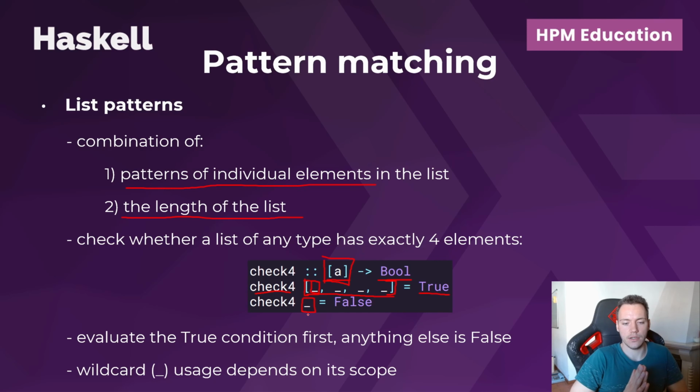But in this case, a wildcard represents a full list, so a pattern of any other list that doesn't contain 4 elements. So depending on the scope, on where the wildcard character is placed, it can represent different things. But in any case, it means that it matches any pattern.